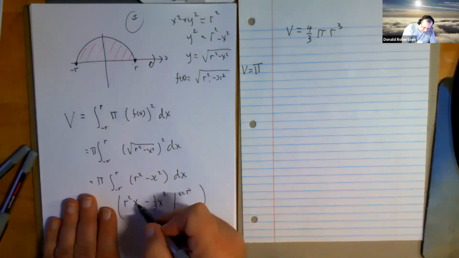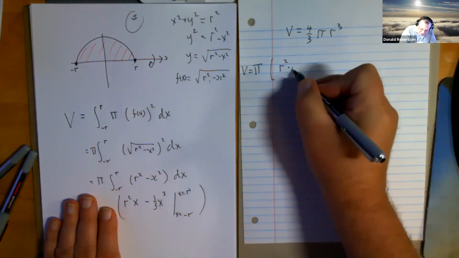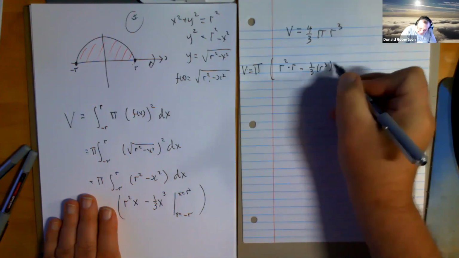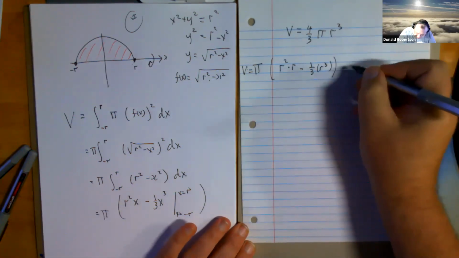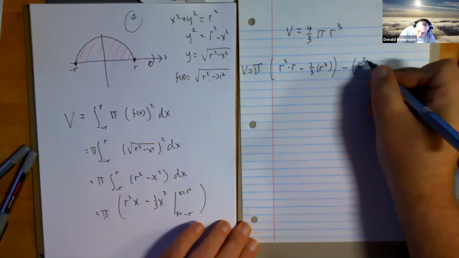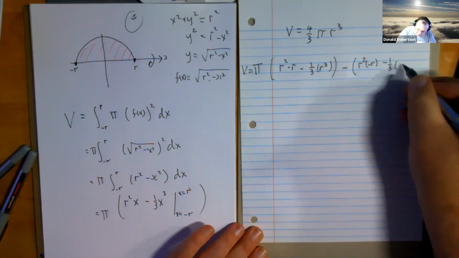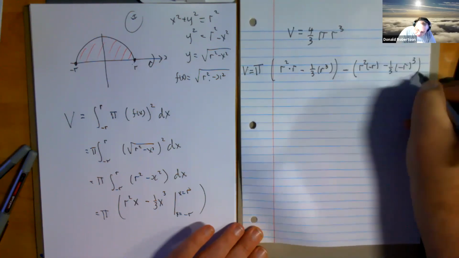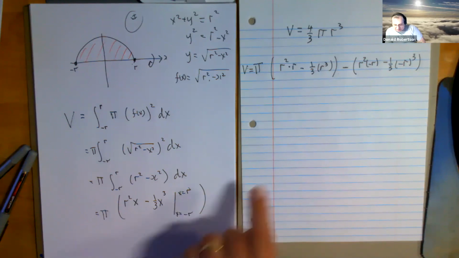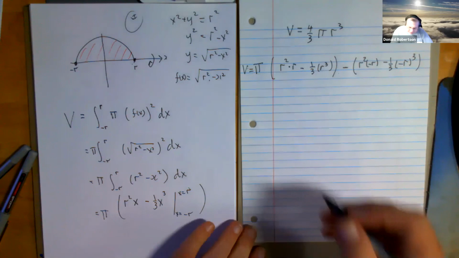If you plug r in here, you're going to get r squared times r, take away 1/3 r cubed. Subtract. If you now plug -r in here, you're going to get r squared times -r, subtract 1/3 -r cubed. Do you see I'm replacing the x with r and then the x with -r?